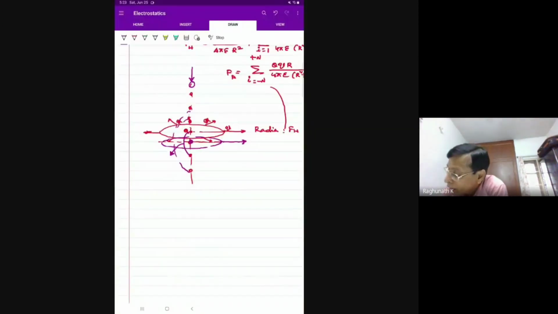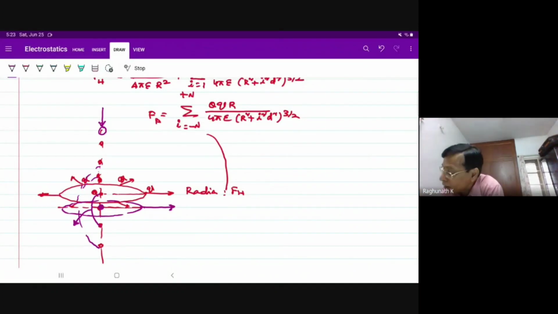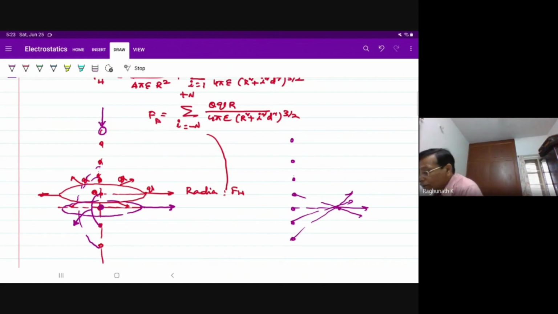Carefully look at it. If there are 3 sets, one set, 2 sets, 3 sets. At this point, this is horizontal. These two forces, they will cancel their vertical components.